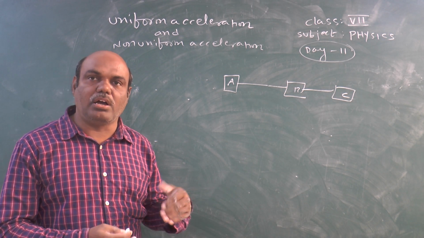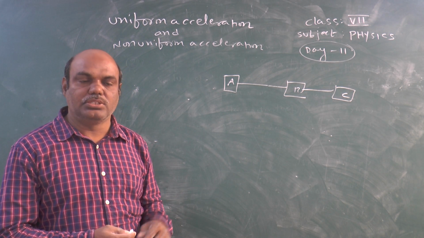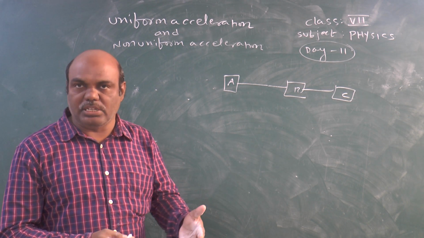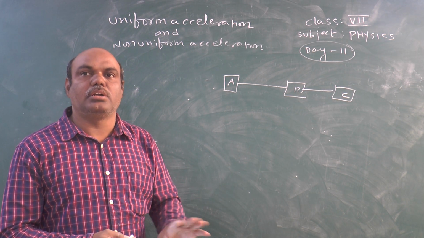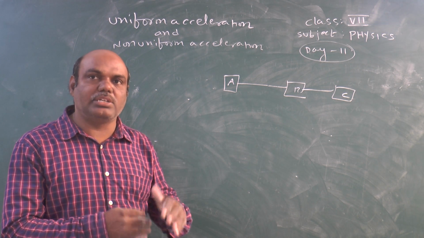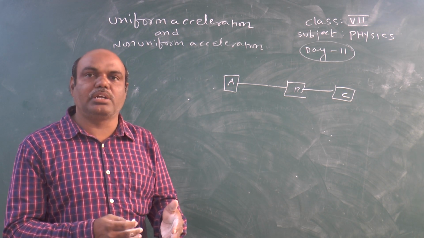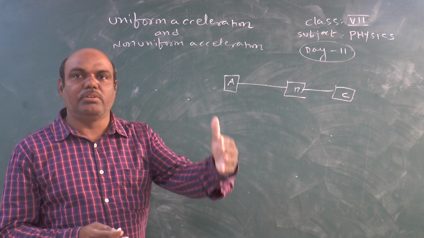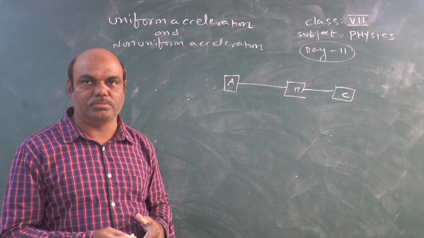But in case of non-uniform acceleration, we can't say the speed changes in order. Because the acceleration is non-uniform, automatically the change in velocity is also variable. We cannot observe a fixed change.